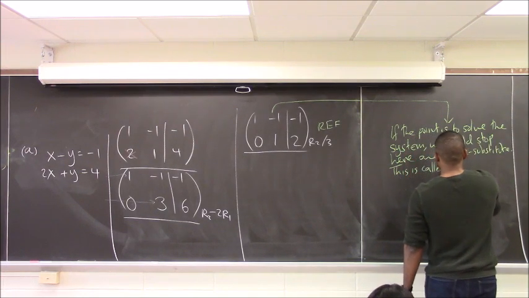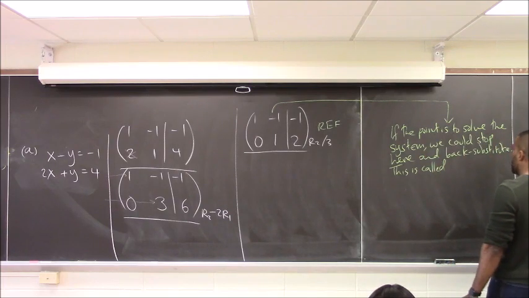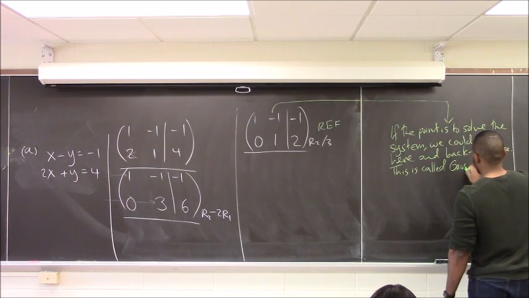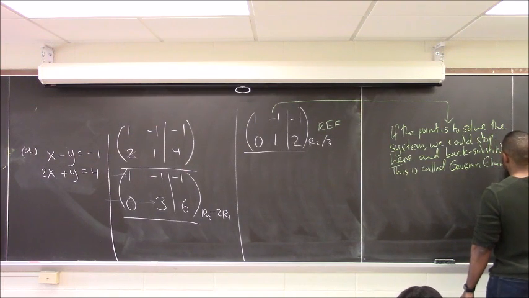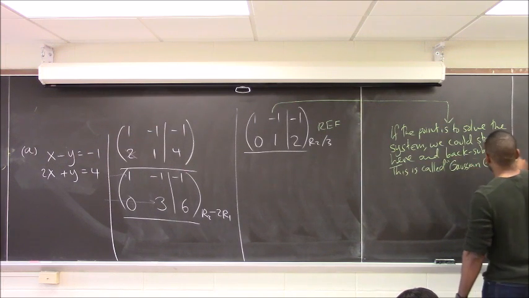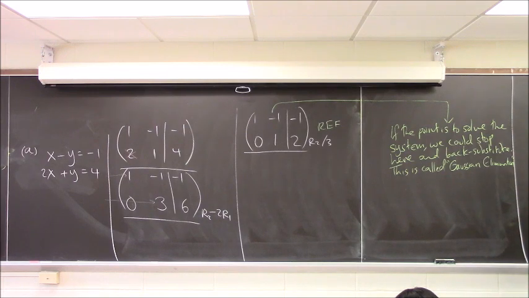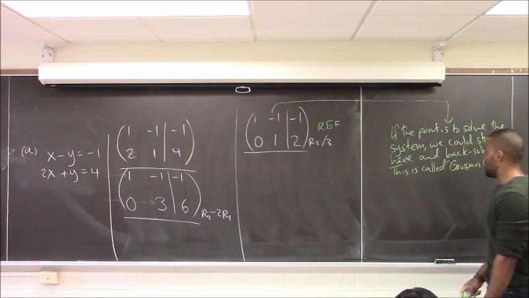Now, if you stop at the REF instead of the RREF, it's just called Gaussian elimination. But if you continue to reduced row echelon form, then it's called Gauss-Jordan elimination.